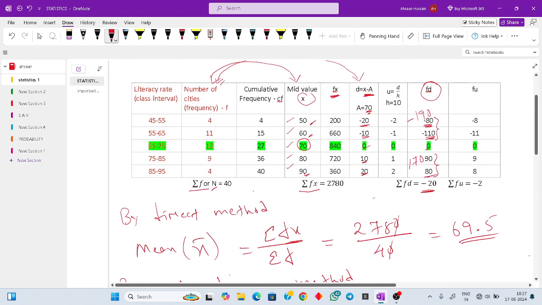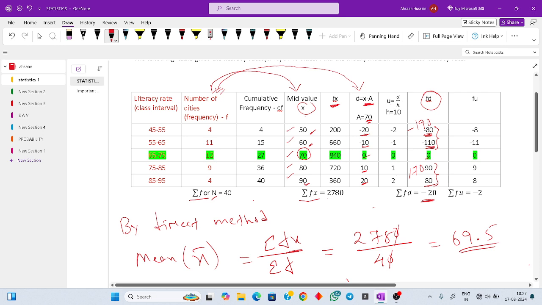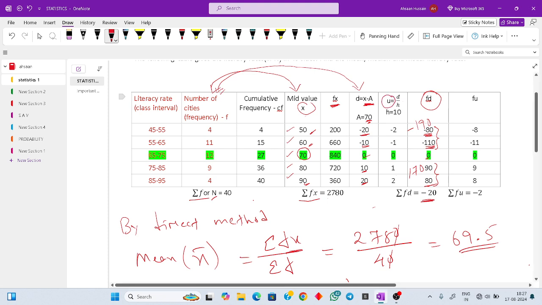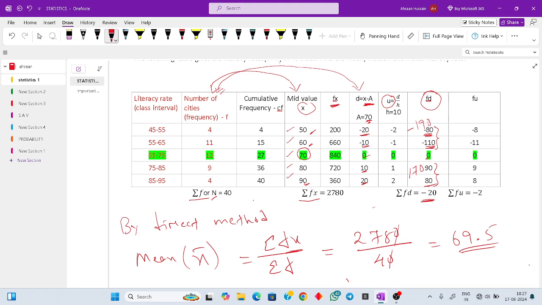Now the last method is the step deviation method. To find the step deviation method, we have to create one more column, that is the column of u. And u is nothing but d divided by h. Now what is this h?